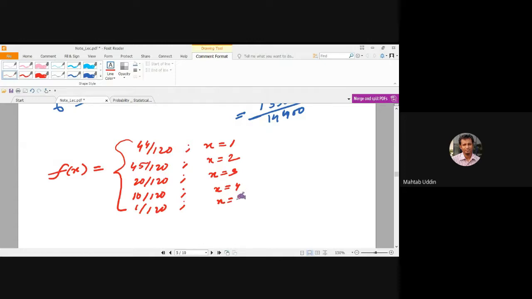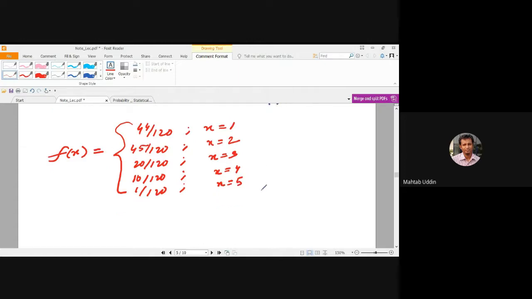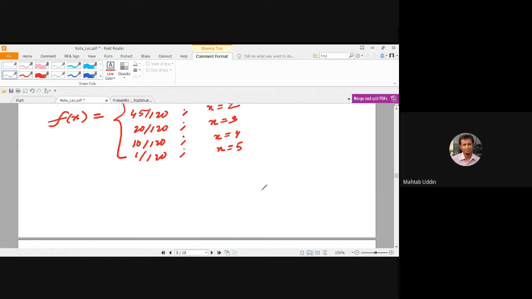That is the formula. Then you can sketch the line graph using those. Sorry, not line graph, histogram.